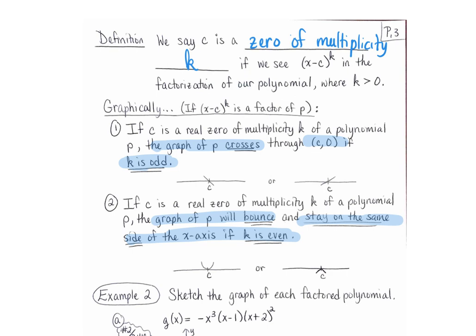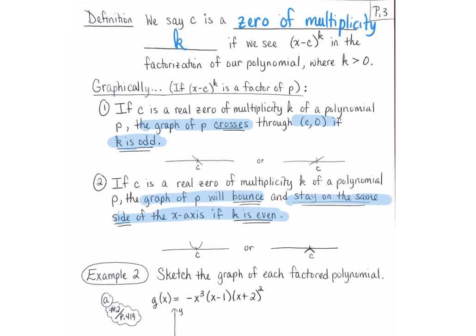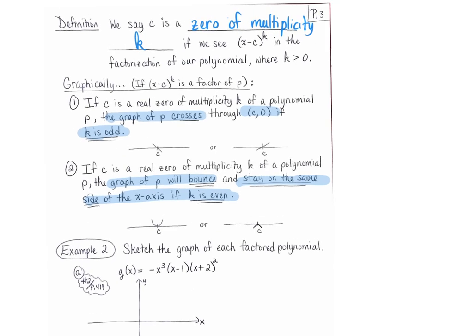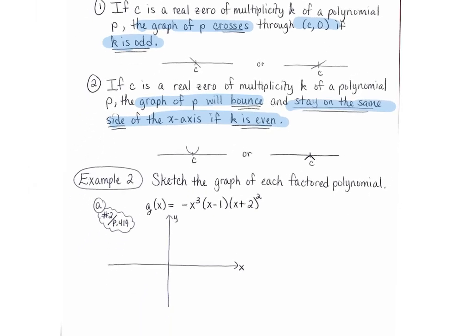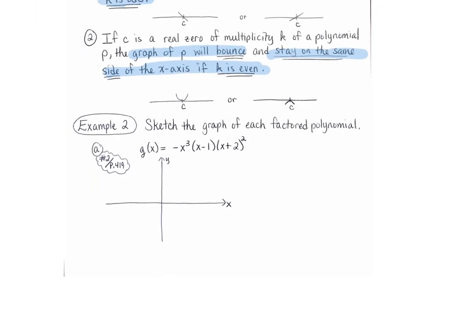So now we can put everything we've learned together. And as you can tell, you should be extremely confident now because as you're seeing this, you know it's a review of things we've already done, okay? So we're going to sketch the graph of each factored polynomial. So here, to sketch the graph of each factored polynomial, we need to ask ourselves, what is our leading term?